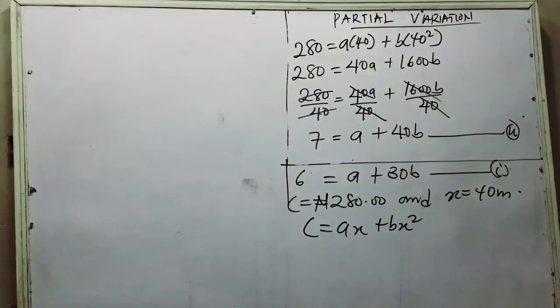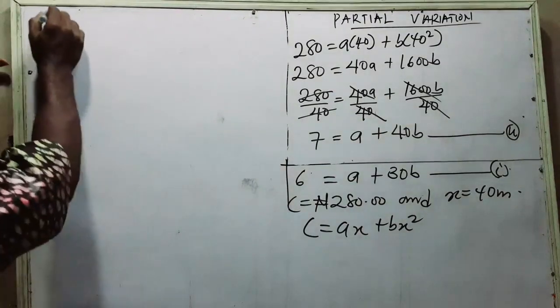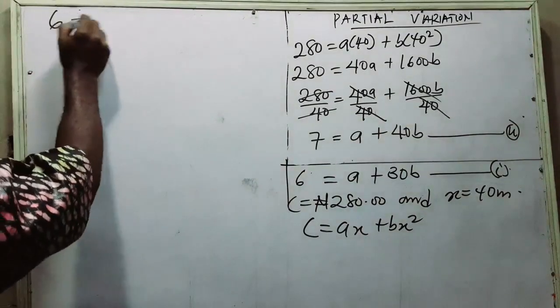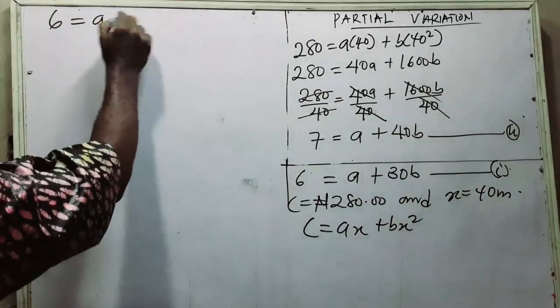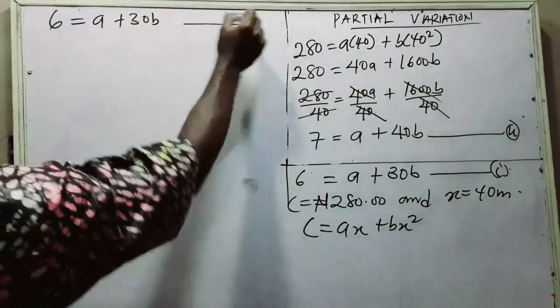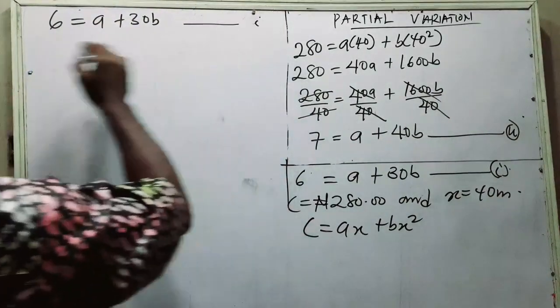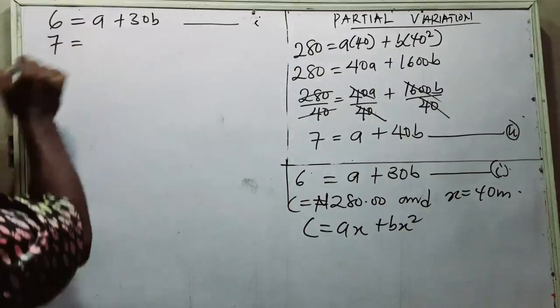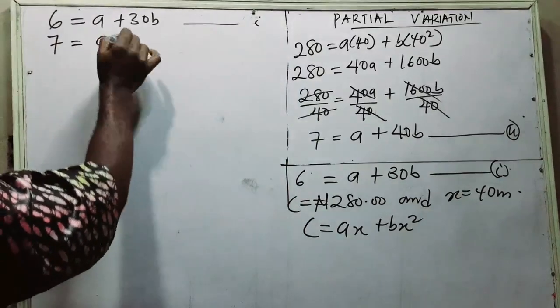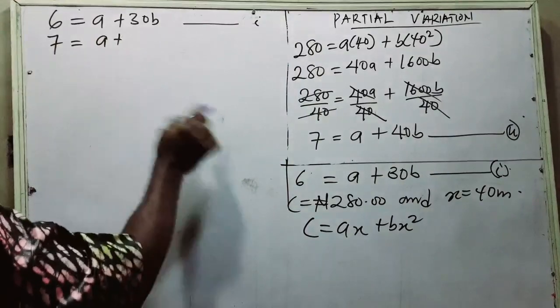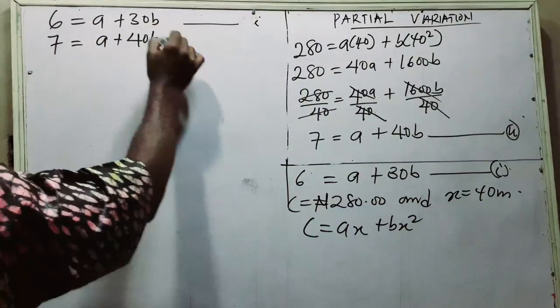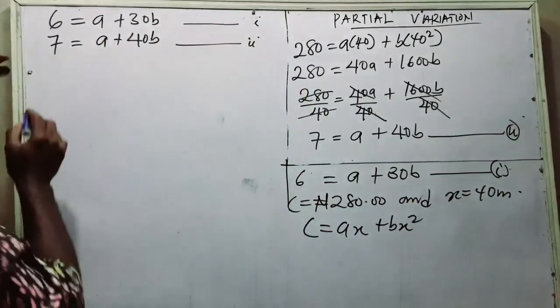For finding the values of a and b, let's combine the two equations together. We have 6 is equal to a plus 30b, equation 1, and 7 is equal to a plus 40b, equation 2.